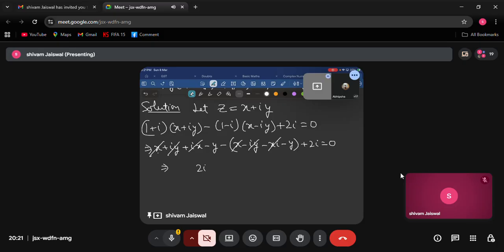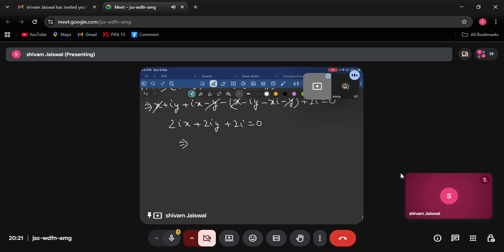Wait a minute, let me see, I have cancelled many things. Achha, iota x will remain: 2 iota x, 2 iota y, plus 2 iota is equal to 0. Dividing by 2 iota, we are getting x plus y plus 1 is equal to 0. So you people got this straight line?